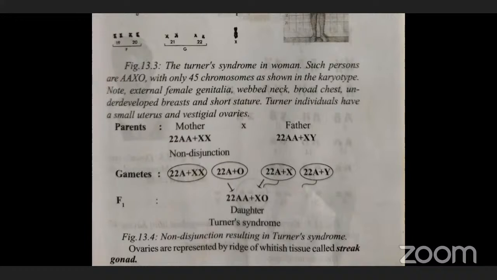The result is XO, because the abnormal egg without X is fertilized by the sperm having the X chromosome. O means absence, nil. Clear? The baby consists of an XO chromosome.